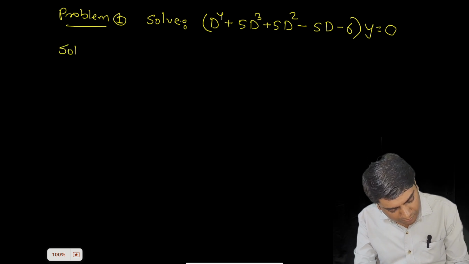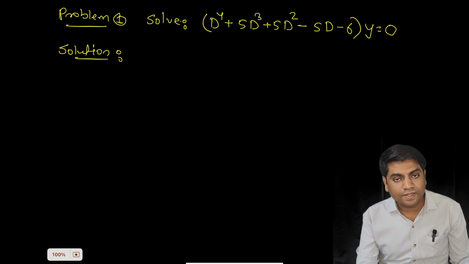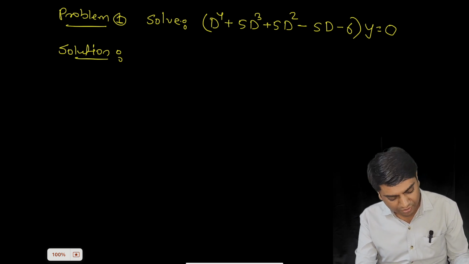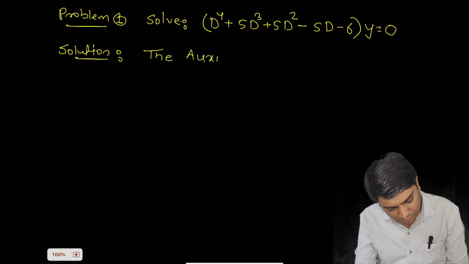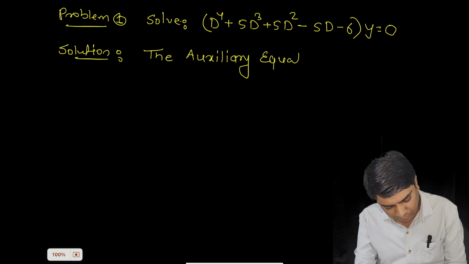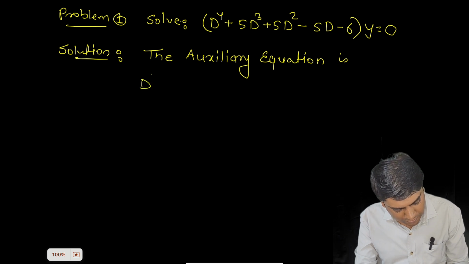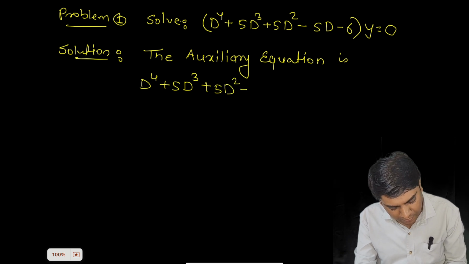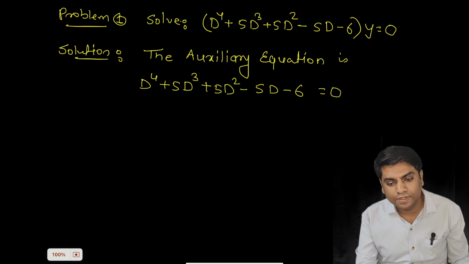So solution, okay, so first हम क्या find करेंगे? Complementary function. So the auxiliary equation is d raised to 4 plus 5d cube plus 5d square minus 5d minus 6 is equal to 0.